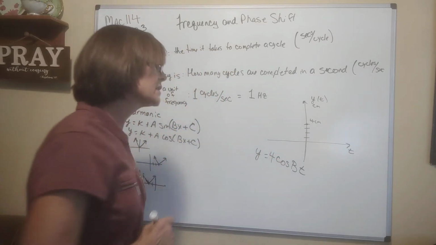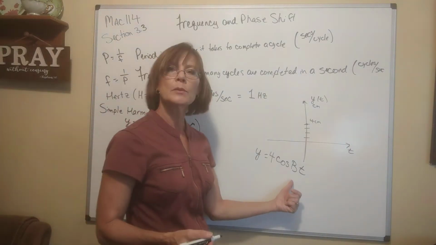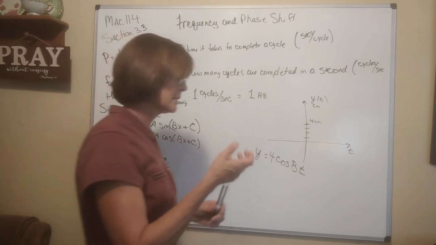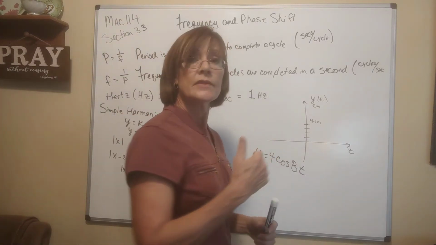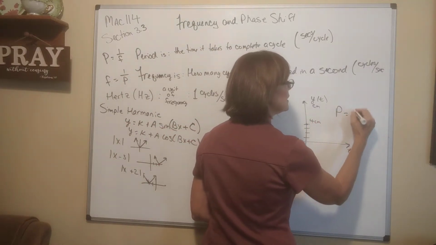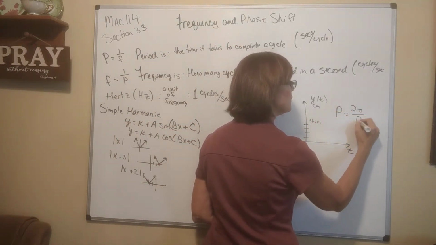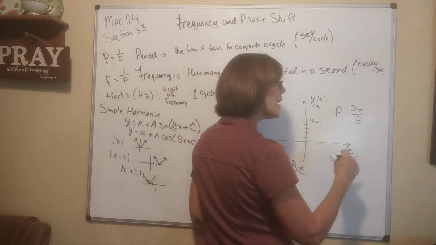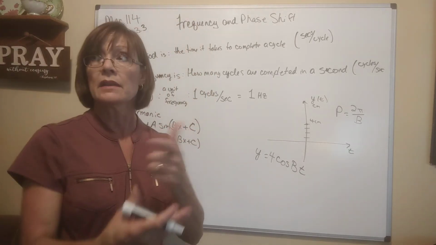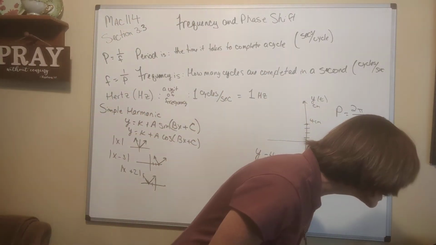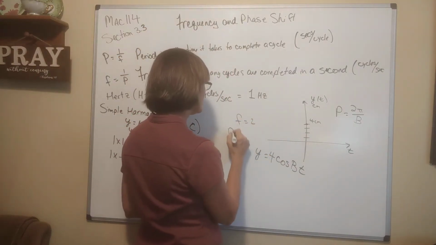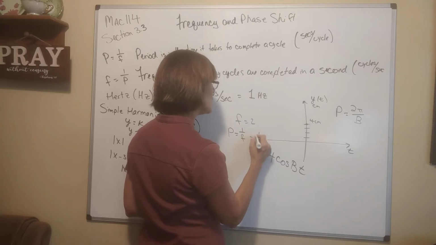Okay. What is left for us to figure out? We've got to figure out the period, or what b is. If we can figure out what b is, then we can write this equation. They gave us enough information to do that. We know, in general, that the period is equal to 2 pi divided by b. That's this b right here. But they didn't come out and say, here's the period. They said, here's the frequency, which is as good as saying, here's the period, because the frequency is 2, right? F is 2. But we know that the period is 1 over F, so that's 1 over 2.